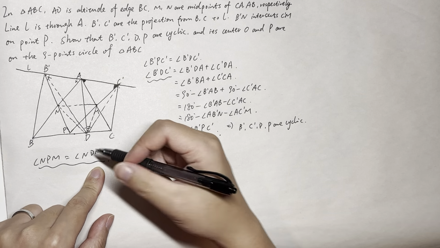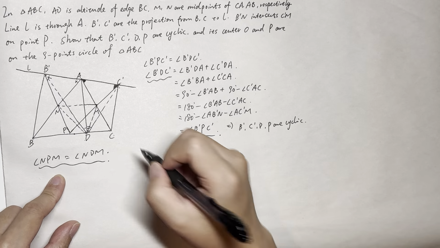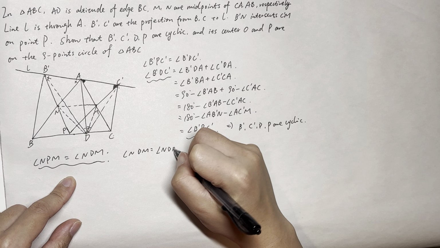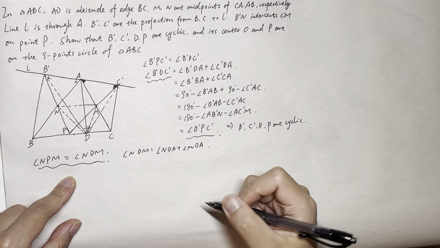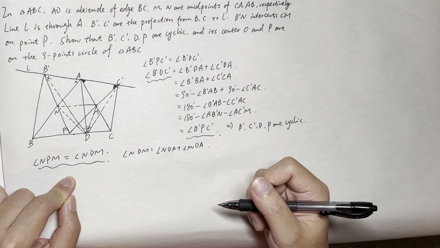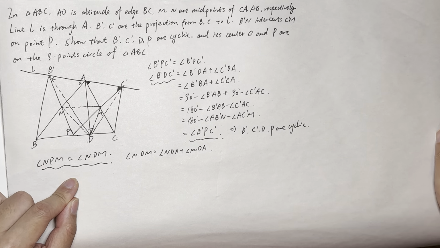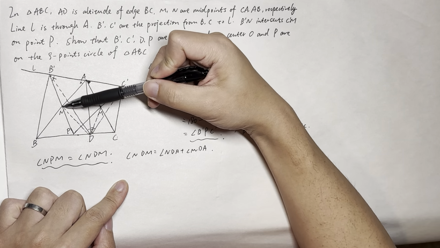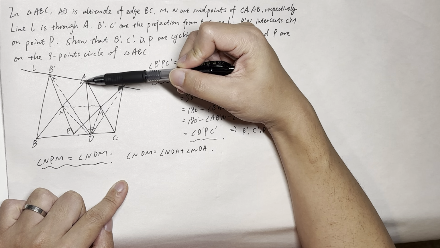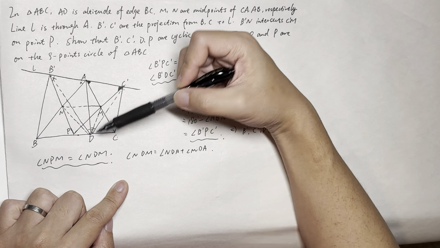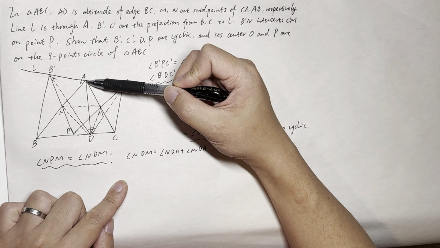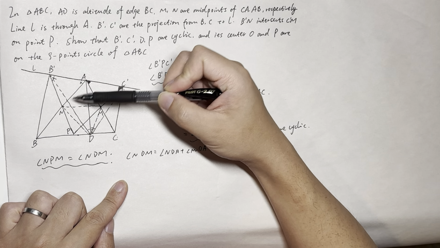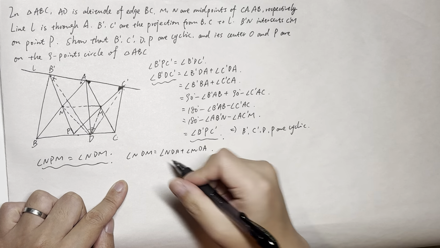So similarly, we write that angle NDM equals angle NDA plus angle MDA. Because N is the midpoint of AB and ABD is a right triangle, ND equals NA, which means angle NDA equals angle NAD, right?